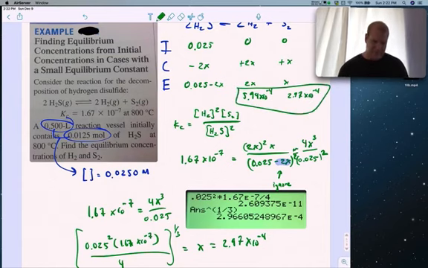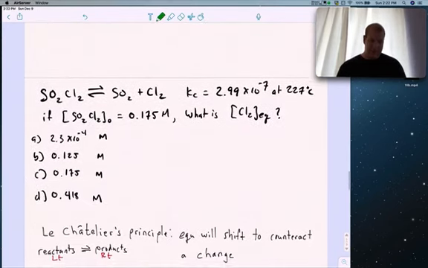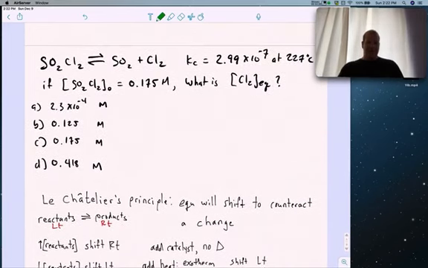So there is our answer. So finding equilibrium concentrations of H2 and sulfur is just taking the x and plugging it into the equation like that. Okay, so why don't you try this one? And the hint is you can discount x. So why don't you give it a try?